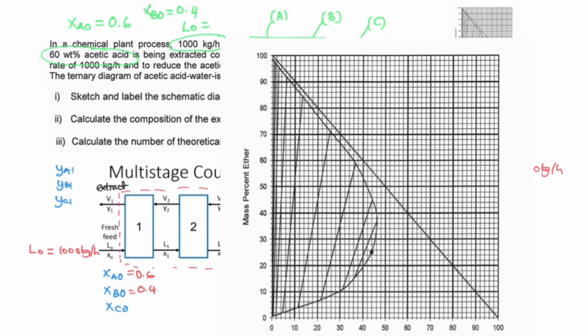Because we assume that when L0, which is your feed, mixes with your solvent, the two phases will be formed. And when the two phases are formed and they are in equilibrium, therefore the position of LN and the rest will be on this particular curve.